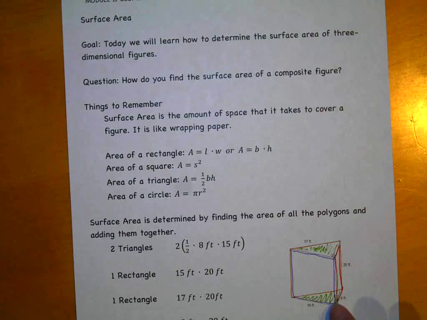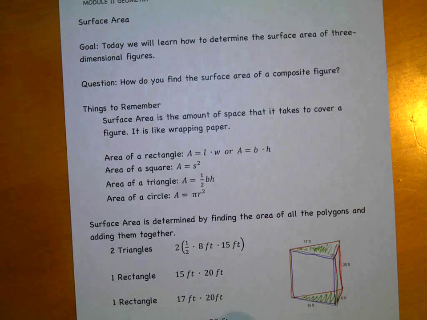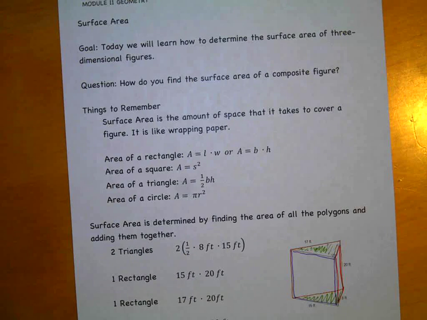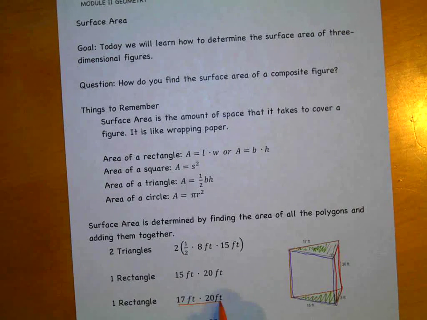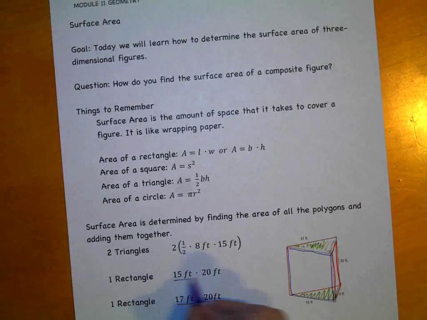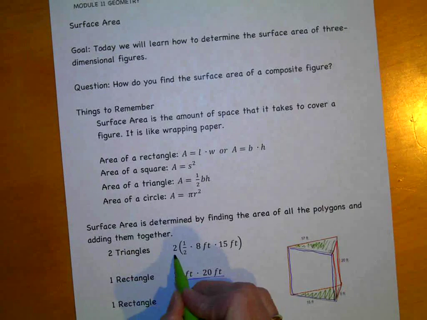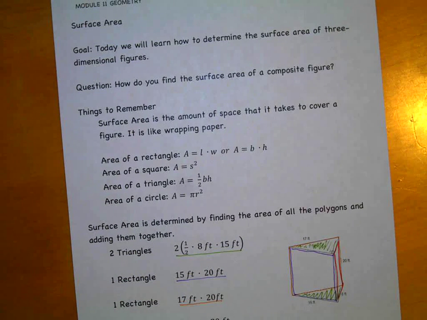And then we have an 8 foot by 20 feet, that would be the red one. So this one is the red one, right? This one right here is the orange one that I drew. And this one right here is the purple one that I drew. And then this one is covering both of your triangles.